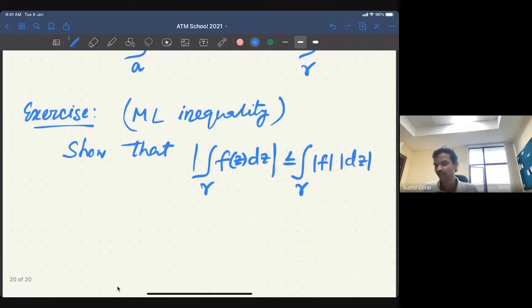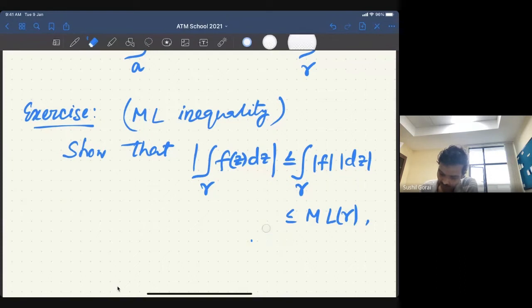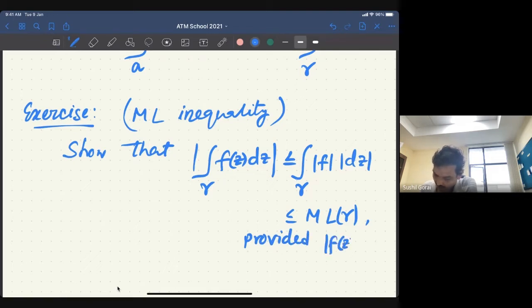So if f is bounded by capital M, this will be less or equal to M times L of gamma, provided mod of f z is less or equal to M for all z in gamma.